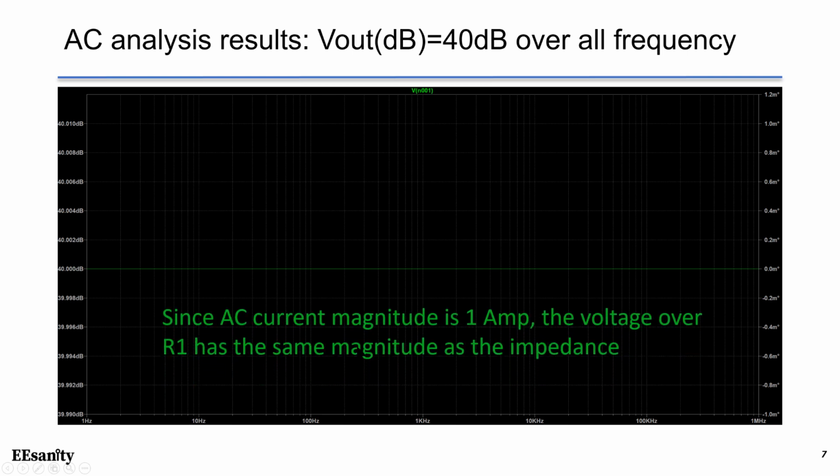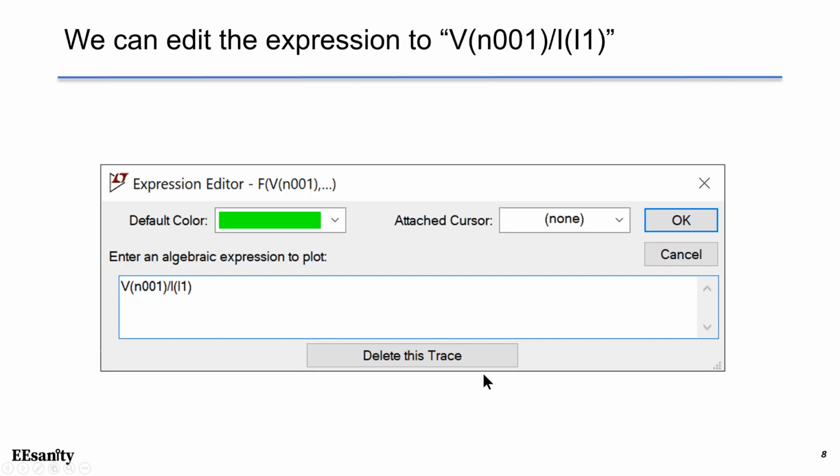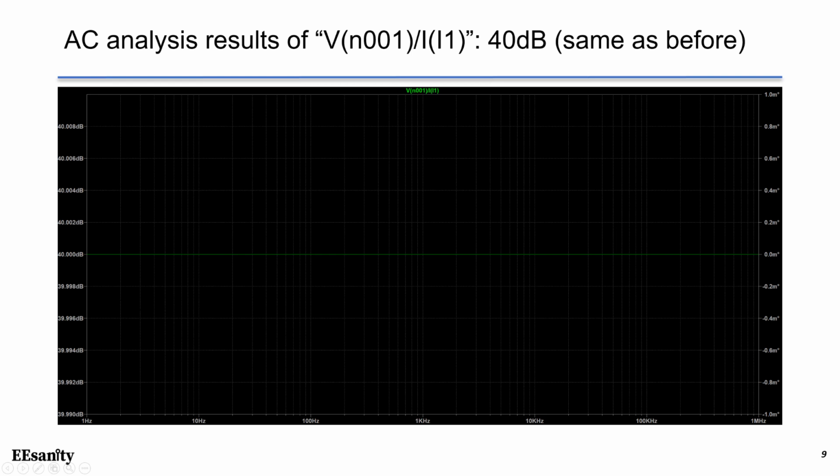As I explained before, since the current magnitude is 1 amp, the voltage over R1 has the same magnitude as its impedance. So now let's double check the impedance over R1 by using the voltage divided by the current through the I1. As a result, the impedance is found as 40 dB ohm, which is the same as before.